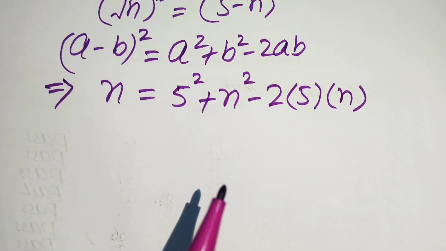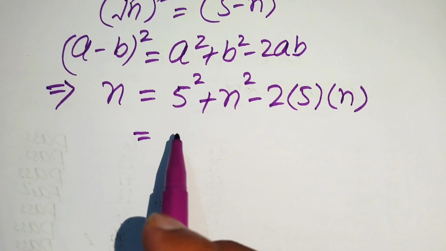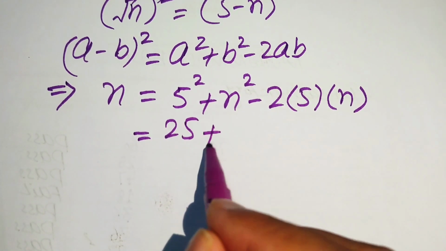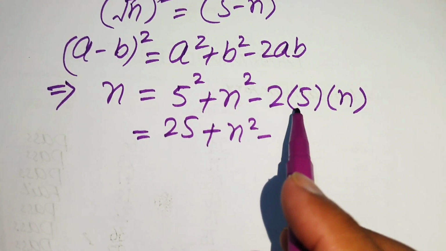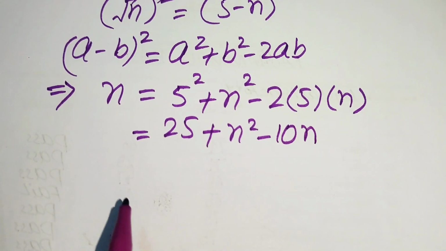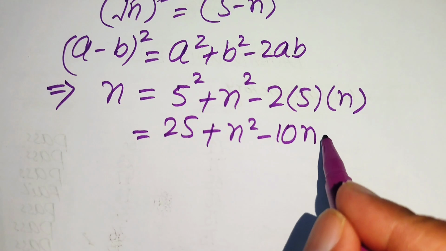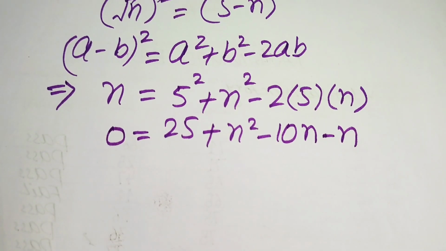And now in the next step, here we need a little bit simplifications, and we know that 5 square equals to 25, and this is our n square minus this 2 times of 5 becomes 10, and this is n. And here we move this n to the right hand side, and it becomes minus n, and in the left hand side we get 0.